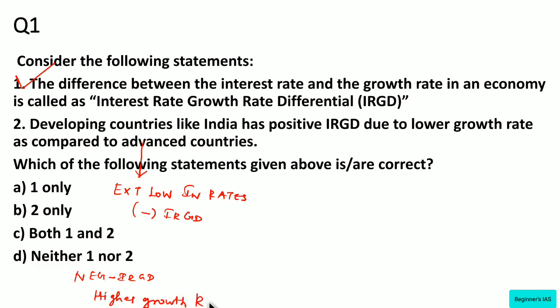Here it is given as positive IRGD, that is wrong. So India is also facing negative IRGD, but it is based on higher growth rate, whereas in the advanced countries it is based on the lower interest rate. So these are the differences one has to remember.